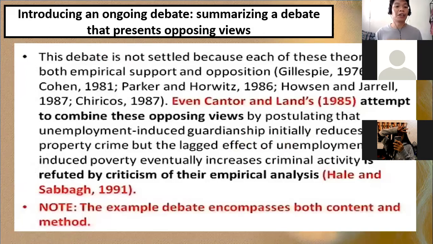Okay, introducing an ongoing debate, summarizing a debate that presents opposing views. So as what I have mentioned, disagreements among the experts of the issue or topic that you are dealing with in your paper is totally fine. So that you will know what are the things that you may consider, because possibly the result of your study will be different.